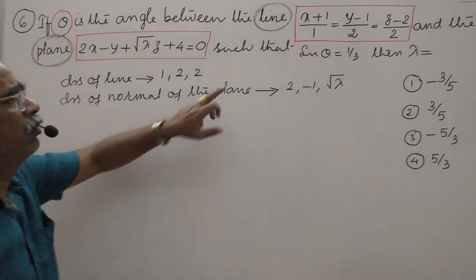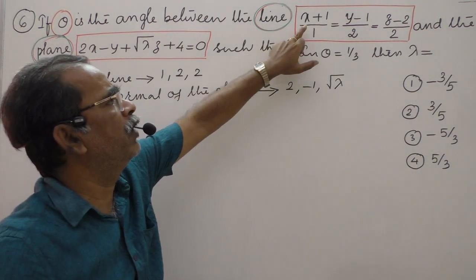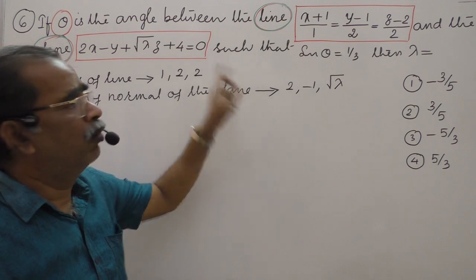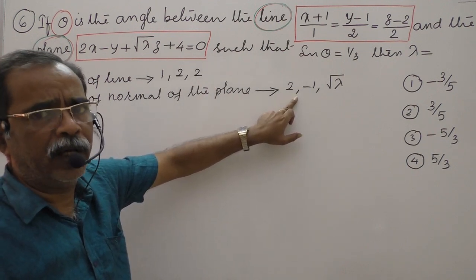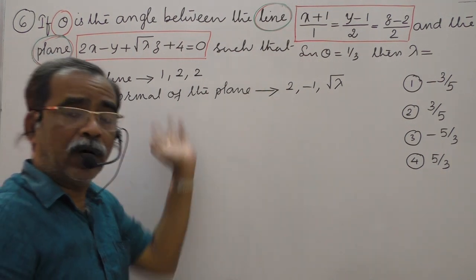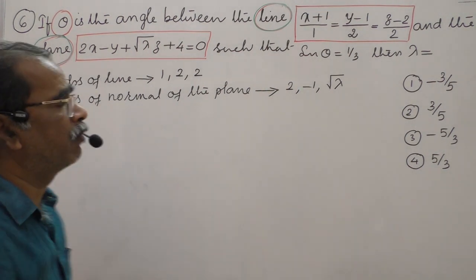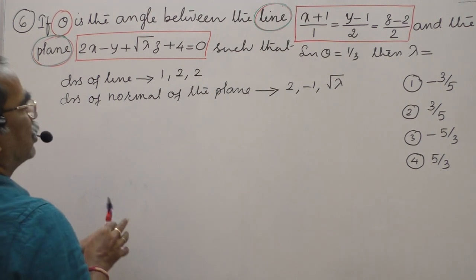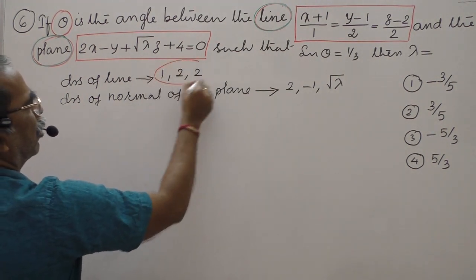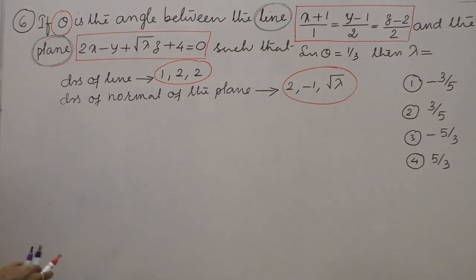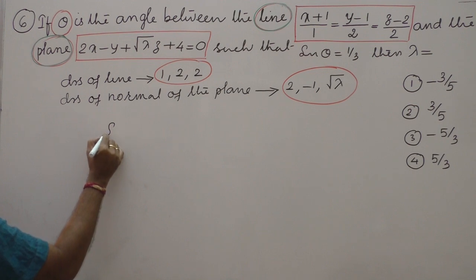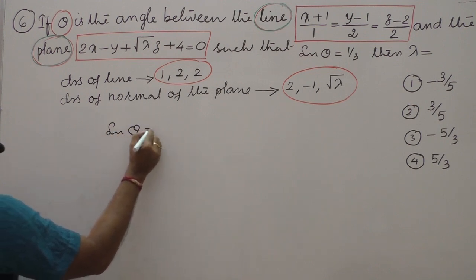So actually we have to find the angle between the line and the plane, but we are considering the normal instead of the plane. The normal will be perpendicular to the plane. Therefore, if you consider the DRs of the normal and the DRs of the given line, we get the same formula, but instead of cos we get sin theta.